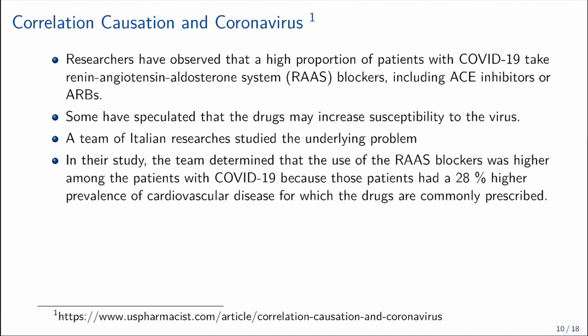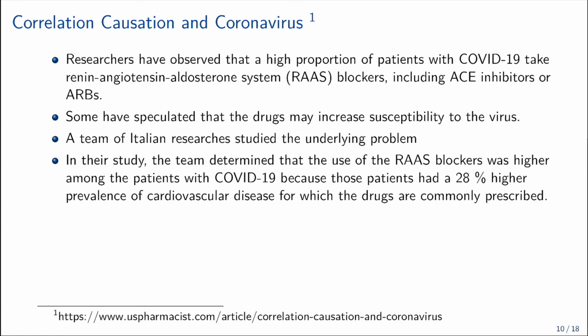So an Italian team of researchers studied the underlying problem and what they found. In their study, the team determined that the use of RAAS blockers was higher among patients with COVID-19, because those patients had 28% higher prevalence of cardiovascular disease, for which the drug is commonly prescribed.